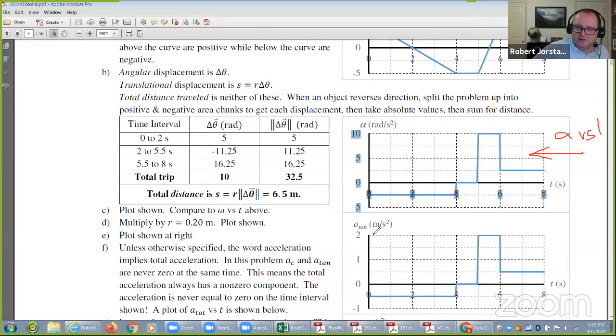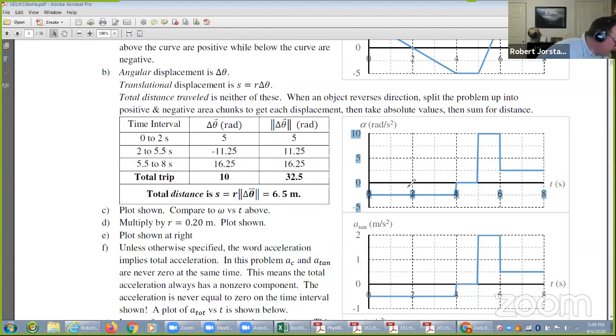And so notice the units change because you're multiplying by r, which has units of meters. So we get meters in here. And now the numbers also change. They get smaller because it was 0.2. So basically divide all the scale by 5, right? Multiplying by 0.2 is dividing by 5.